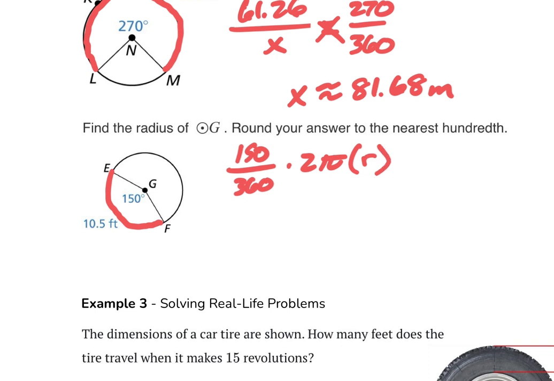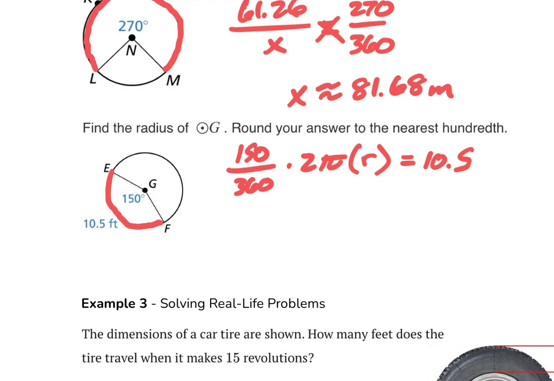That's what we're trying to find. Equals the length of that arc, which would be 10.5. So we got to work backwards to find r. What could we do? Let's get rid of the fraction first, because I think that's the hardest part. What could I do to get rid of 150 over 360? What would be the quickest and easiest way?